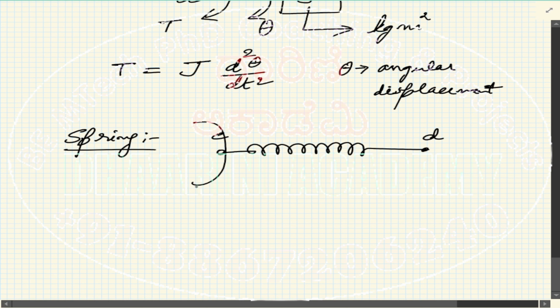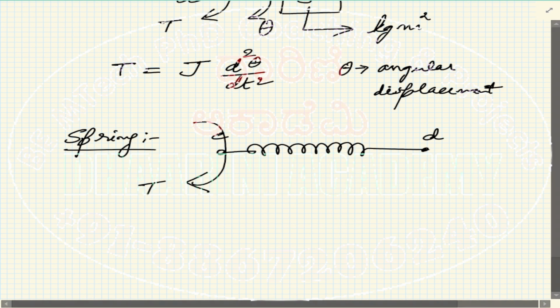Input is a torque, applied at one end. Comparing this with the translational spring, C was moving by x1 of t and D was moved by another distance, x2 of t.